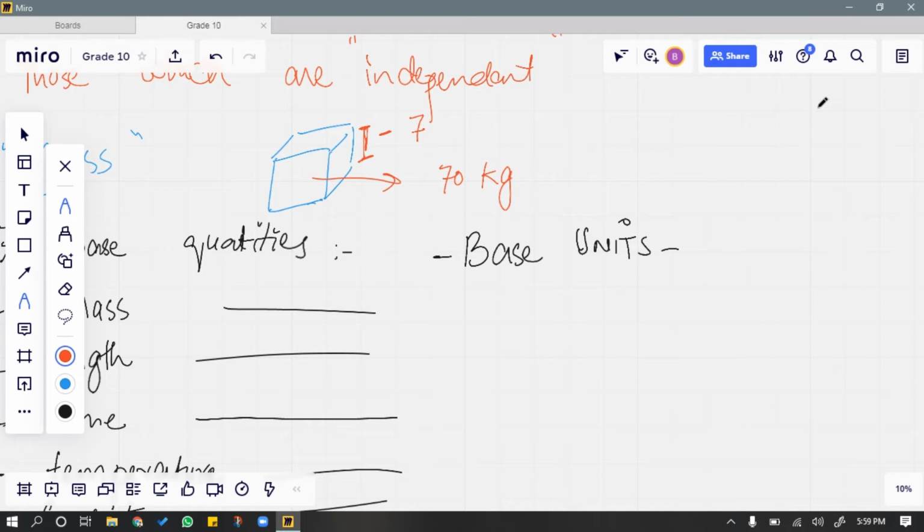By stating only a number, you cannot say whether the object is a tiny one or a huge one, because you're not mentioning the exact unit with it. So just the number is going to be vague, as we discussed in describing those quantities in the beginning.